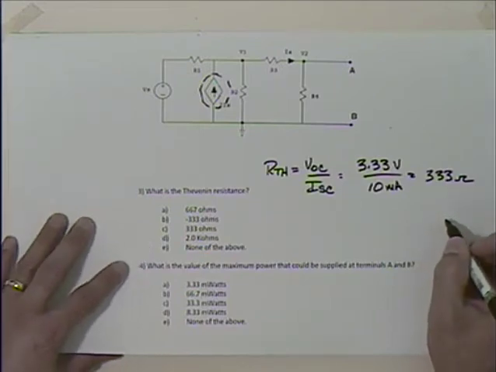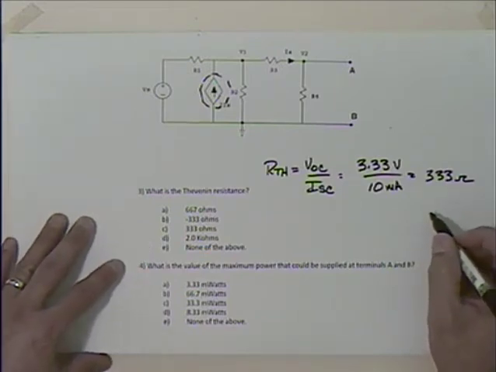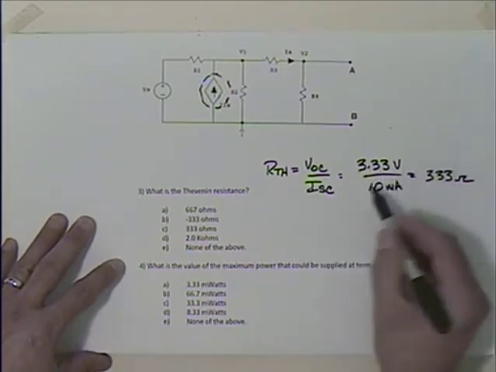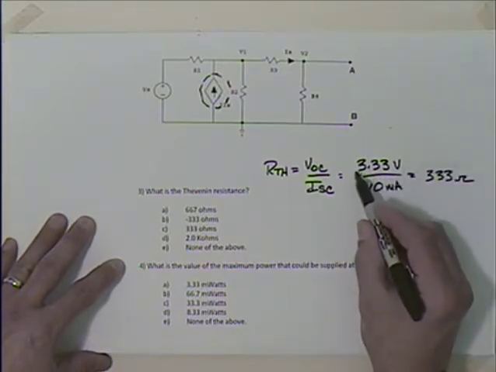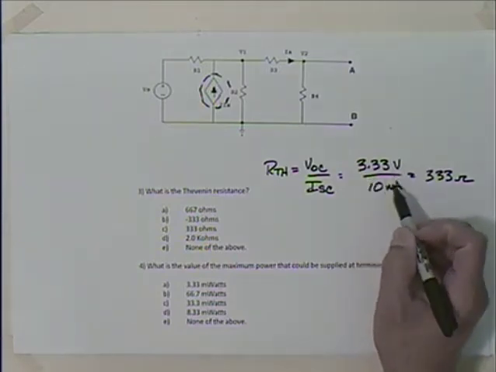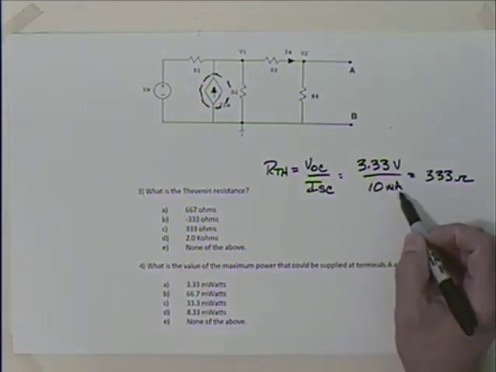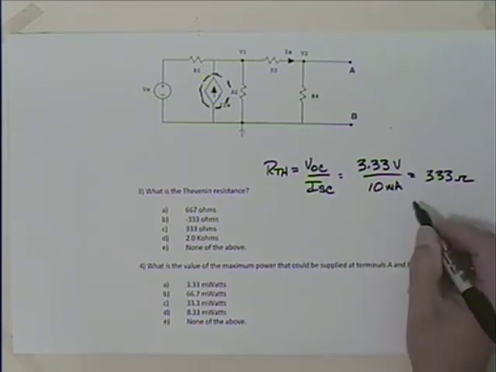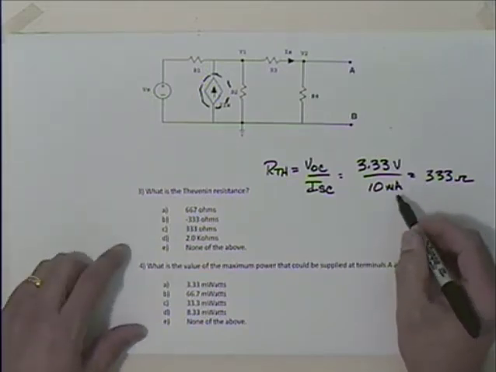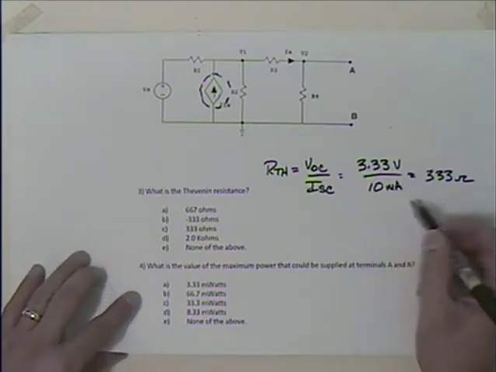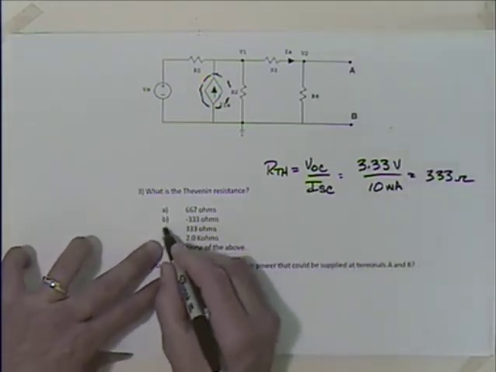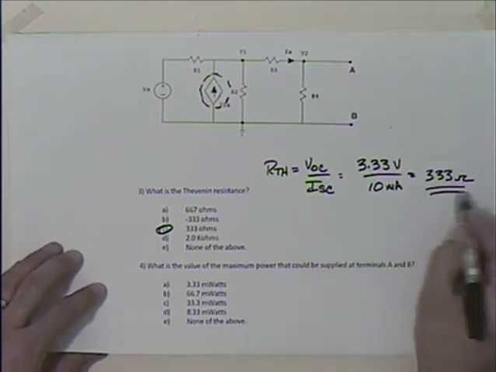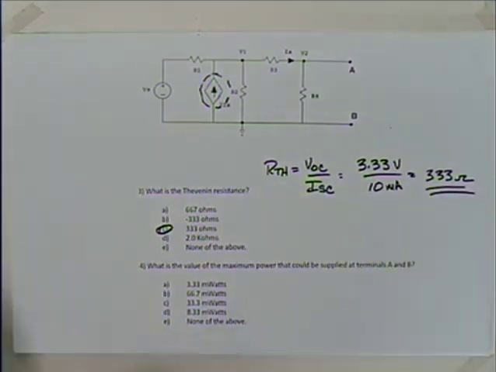I believe so, yeah. Because I divide by 10, which gives me 0.33, and then because I have milliamps, I'm going to multiply by 1,000, so I'll move that over 3. Yeah, that'll work. So got to be real careful of the units. So there we go. Answer C. And double check that for you.